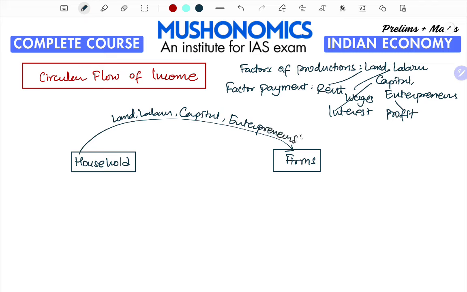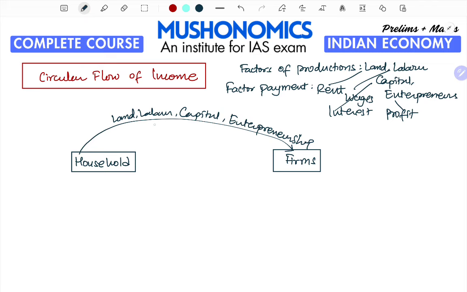These factors of production are provided by household to the firms, right? For example, I want to open a production unit, a factory, so I need land. So I will go to whom? I will go to an individual or maybe a family who is owning a particular land, and then I will ask them for that land, maybe on rent, lease, etc. So I get these factors of production from household.